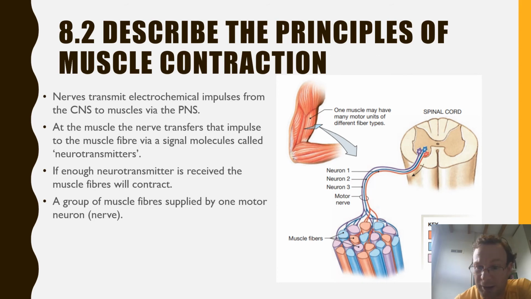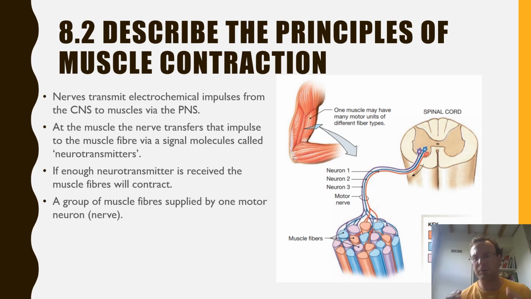Neuron 2 is causing all the blue ones to contract. And neuron 3 is causing all the purple ones to contract. So the individual nerve causes individual muscle fibers to contract. So there's principle number 1.